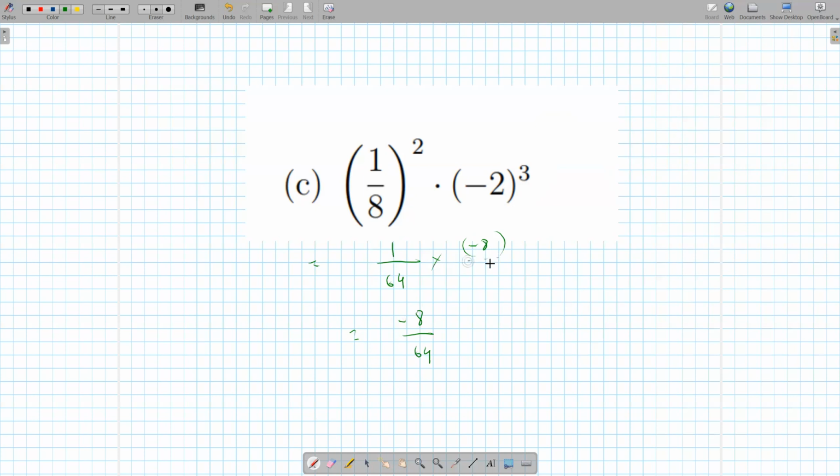So when you have multiple fractions that are being multiplied, you multiply the numerator with the numerator. And if there's no denominator, you can assume the denominator is a 1, okay? And then you multiply the denominator with the denominator.